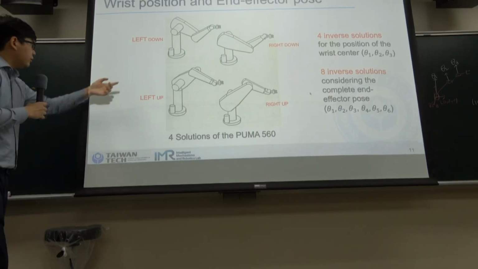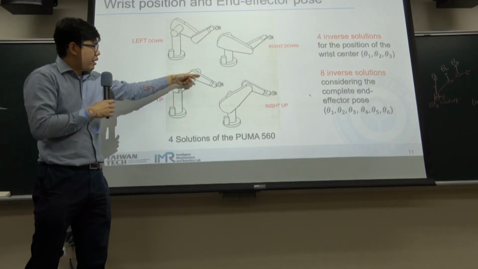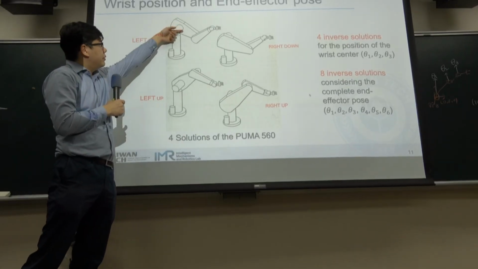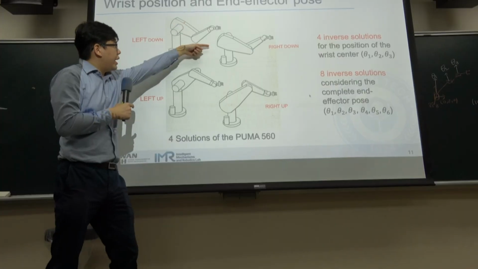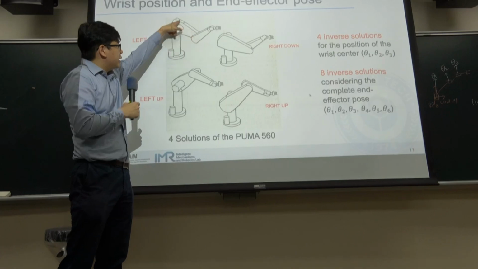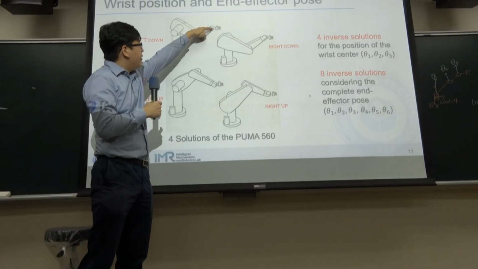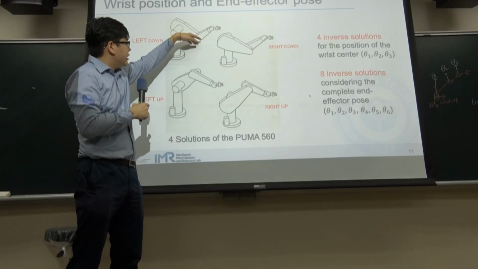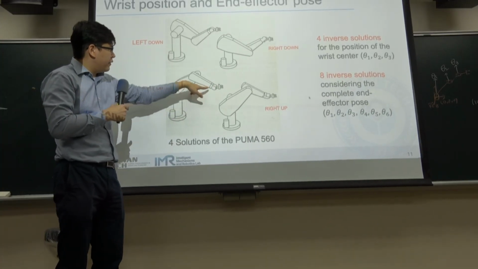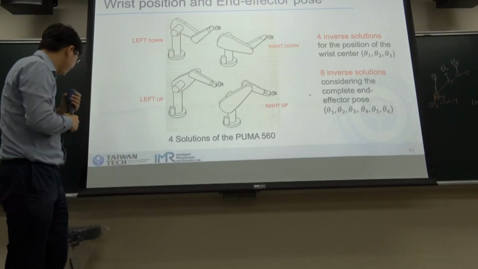And also there is the elbow: this one is the elbow down, and here is the elbow up. So left means the arm is here, and right means the arm is in front. The elbow down means that it is below the line connecting the joint and the end effector. So this is called elbow down, and above means that the line connecting these two joints is above.